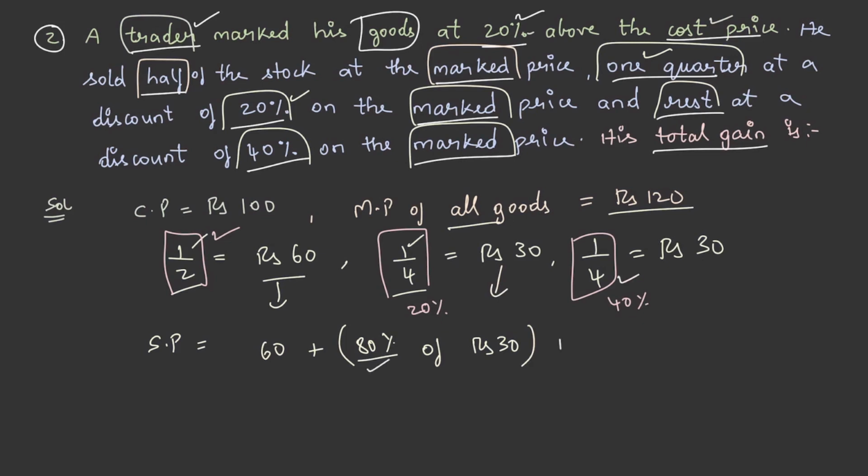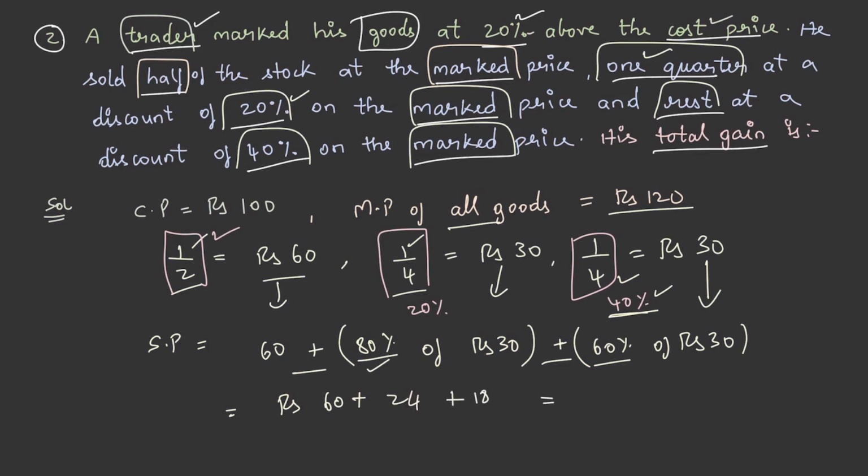The remaining is 1/4 and the discount is 40%. So, here we have to take 60% of rupees 30 again. As the discount is 40%, we have taken 40 from 100 and 60 is remaining. So, on adding these three, we get rupees 60 plus 24 plus 18, and this is equal to rupees 102.